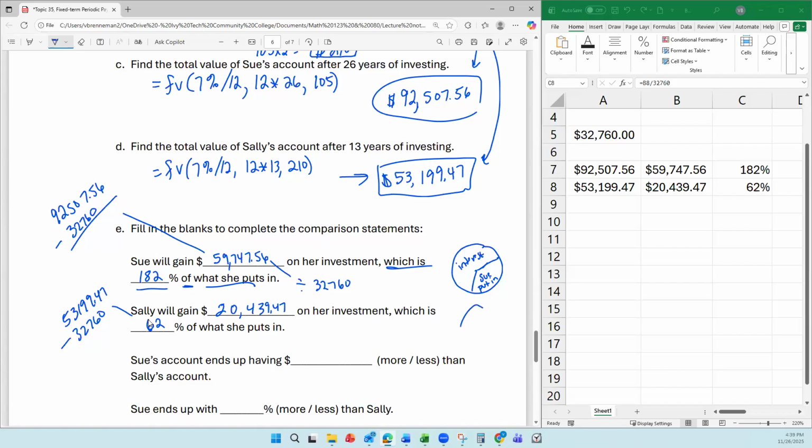For Sally, it is more like something like this, interest and what Sally put in. And of course, Sue's whole circle is bigger because what they put in is actually the same size.